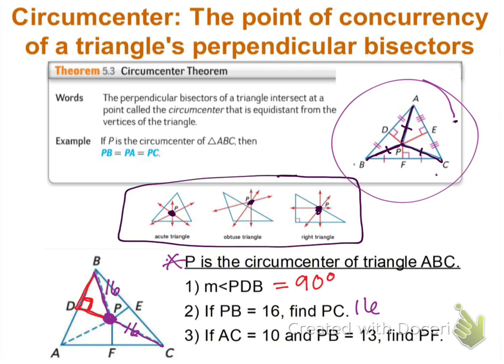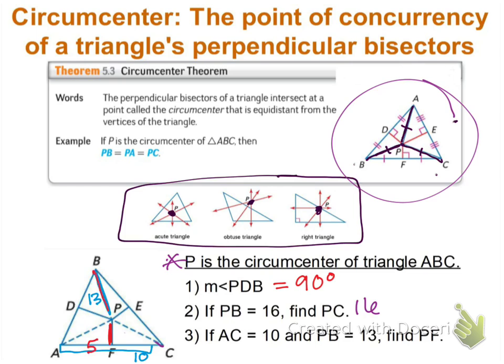Okay, so now number 3. I'm going to erase what I already did up here. If AC is 10 and PB is 13, they want me to find PF. So if AC is 10, I know that from A to F, that's going to be 5.